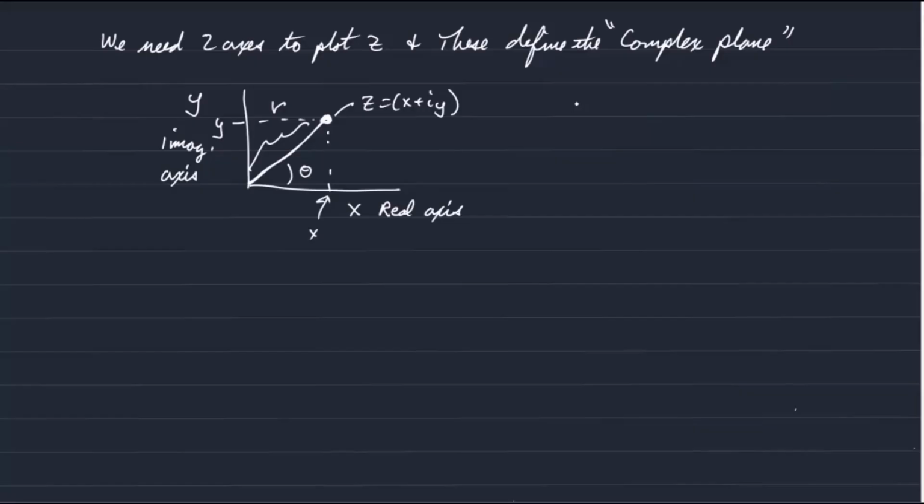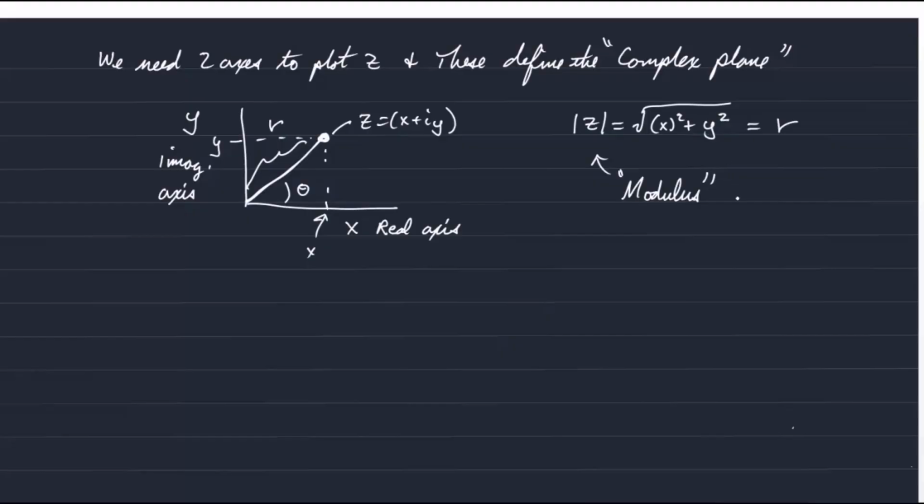I'd also like to define the modulus of z, which is real, and is equal to the square root of x squared plus y squared. That's equal to r, the length of this arm. And so the modulus is a real number.